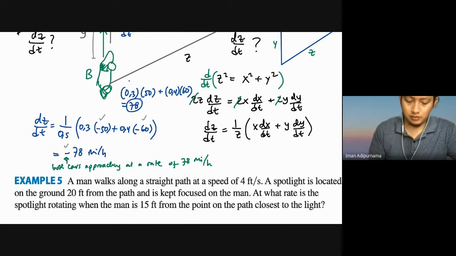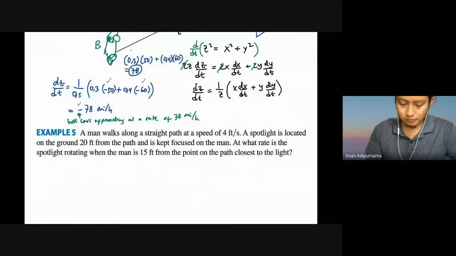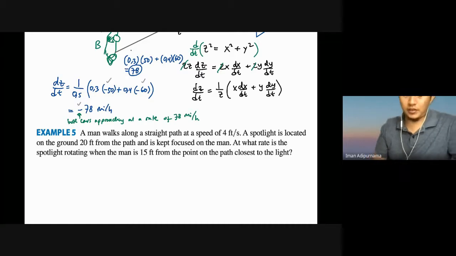Okay, now example 5. You have a man. He walks along a straight path at a speed of 4 feet per second. And a spotlight is located on the ground 20 feet from the path, and focuses on the man. So it keeps focus on the man.